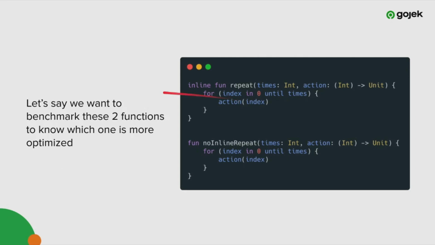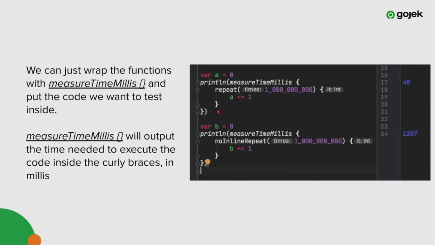Let's say we have these two functions here, and we want to benchmark and know which one is better or more optimized. So it's like the function before. We only change the inline prefix here. So we'll compare it, the inline repeat versus no inline repeat. Basically how we do it, you can just call the function here, and then you wrap it into measureTimeMillis.